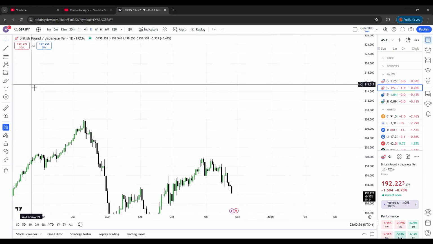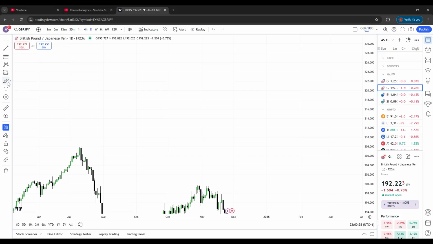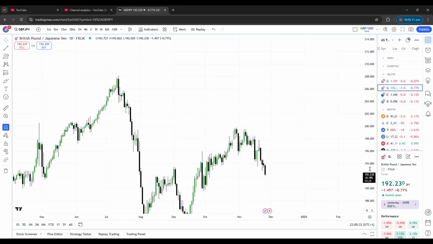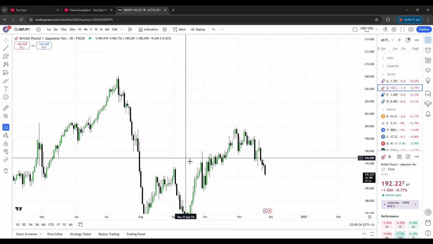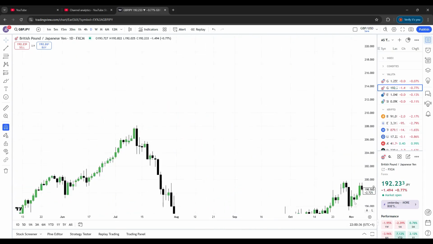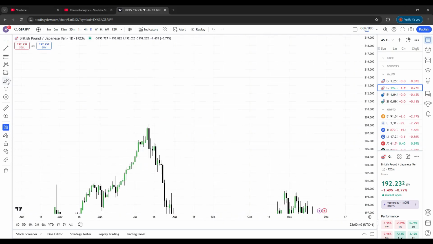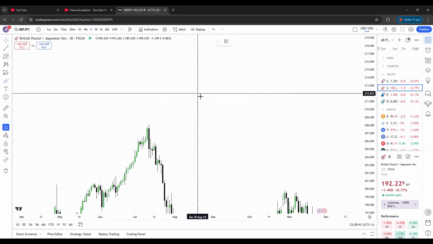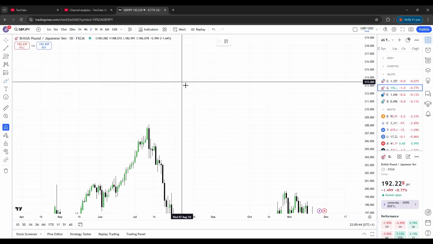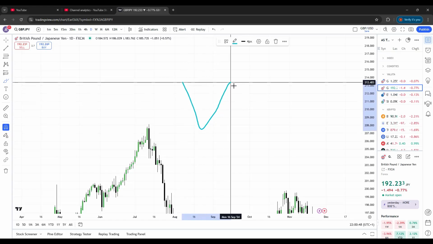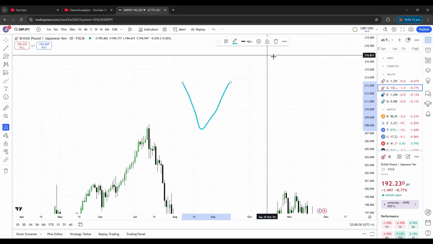So firstly, as y'all probably know, a high and a low needs to be created to be able to form a liquidity sweep. So right here we can see we have an up candle and a down candle. If I just draw it out right here, for us to be able to form a low, we need to be able to form a down candle and an up candle.